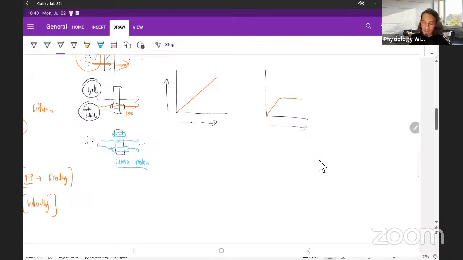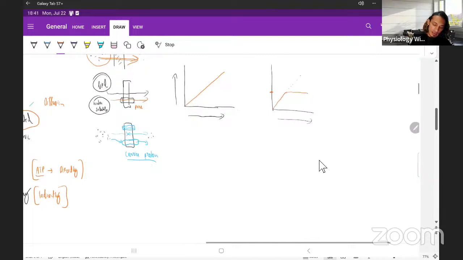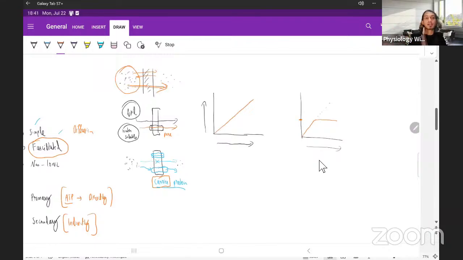It's not that it goes down; it remains constant. The rate of flow cannot go beyond this point. This is because of saturation kinetics, where transport is limited by the number of carrier proteins available. This is the essential difference between simple and facilitated diffusion.